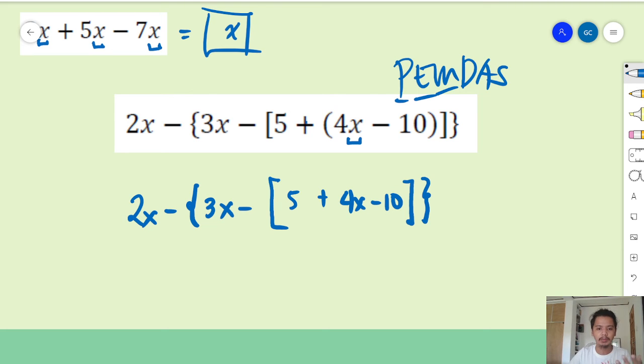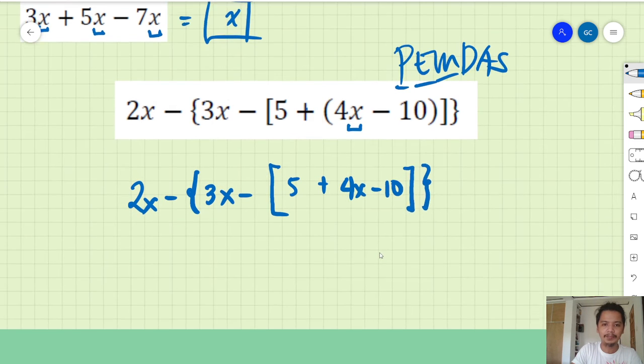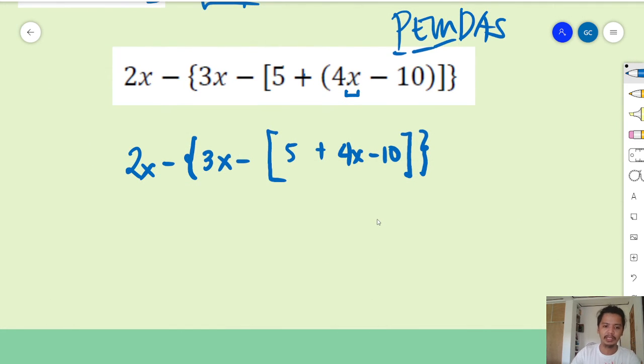Or pwede naman kayong magtuloy-tuloy na tanggalin muna ng tanggalin yung mga grouping symbols natin or mga tinatawag nating parentheses, brackets, at saka curly brackets. So, pwede naman, kung sakali, kung mapapansin nyo kasi yung 5 at 10, similar terms sila. Okay? Pareha silang constant. So, pwede na natin silang i-add.